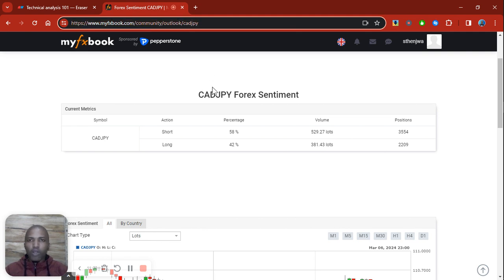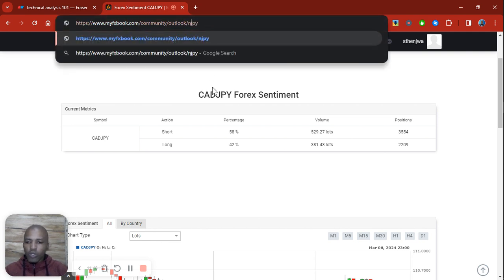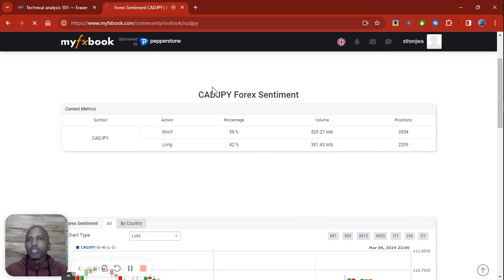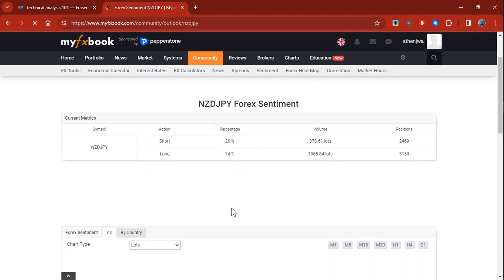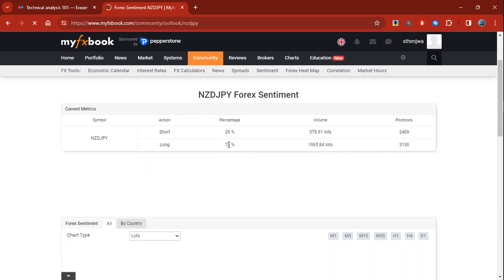Which other JPY? Okay, we also have NZD JPY. So let us see NZD JPY. We can see NZD JPY 74% is long. So in this particular trade, I wouldn't be expecting it to move in my direction.